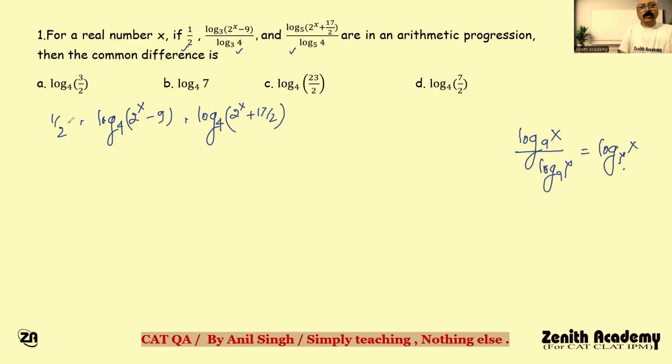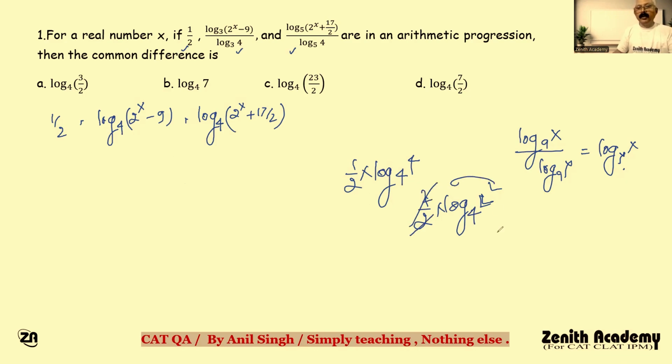The first term, 1/2, can also be written on base 4 as 1/2 into log of 4 to base 4, which is 1/2 into log of 2^2 to base 4. The 2 comes down and cancels, so the first term is log of 2 to base 4.